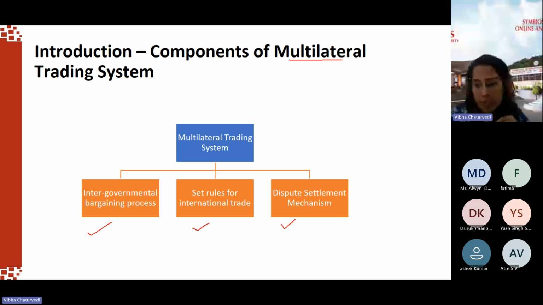So what the countries decided was that, even at that time, the idea was to make an international trade organization, a full-fledged organization headquartered in some country, like the WTO is headquartered in Geneva, which is going to forward the Adam Smith and Ricardo principle of free trade, bring down all barriers to trade in the form of tariff and non-tariff barriers, and forward the concept of free trade among nations at a global level.